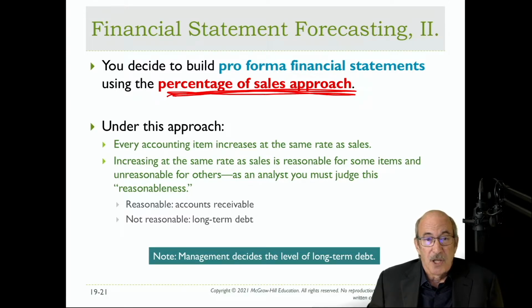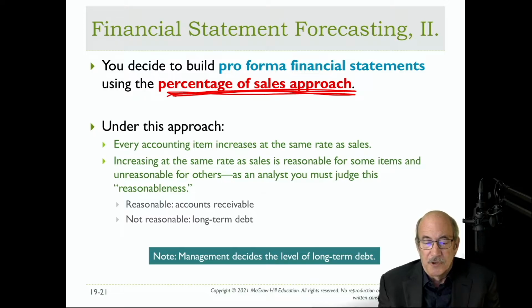And if that's the case, then do more of an analytical type of approach, analyze the accounts, be more thoughtful about how they relate to sales and the other accounts. So I think that's a good approach. But start with the percent of sales, and then you can tweak it as you see fit.